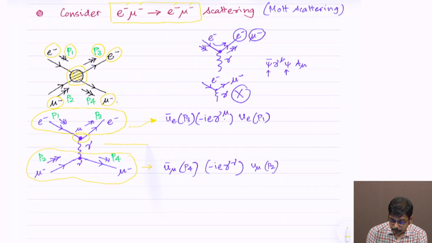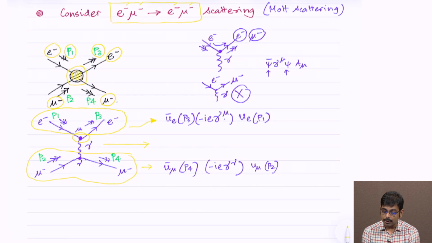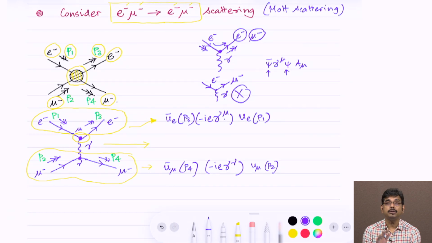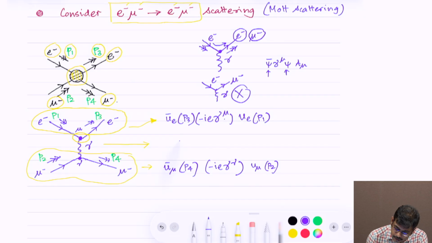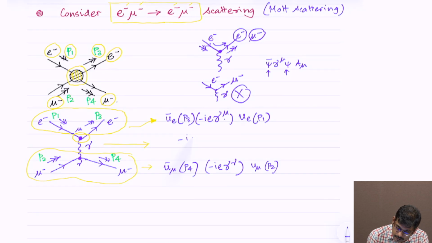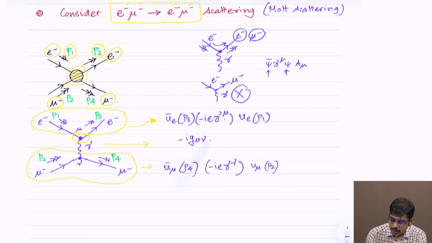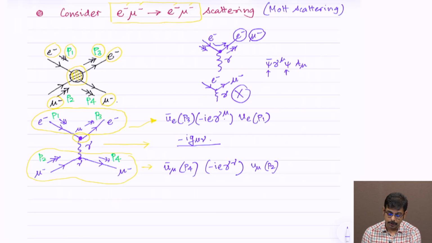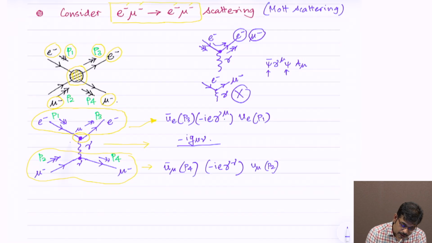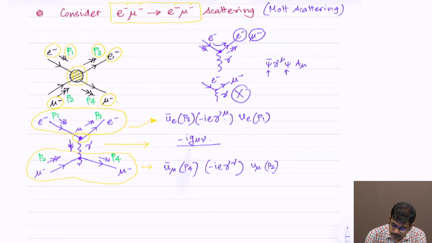What remains is the propagator. Do you remember what the propagator was? The photon propagator was minus i. The Lorentz indices are mu and nu, so I put mu and nu in the covariant indices of g mu nu, and then the momentum associated with the photon, which gives q squared plus i epsilon.